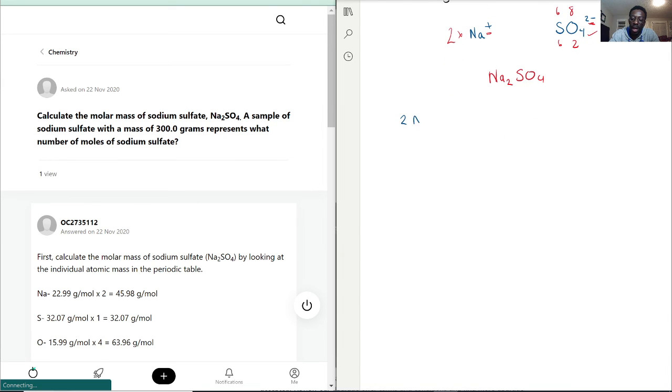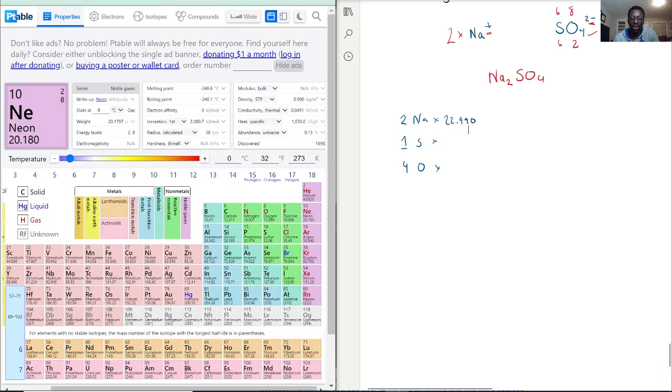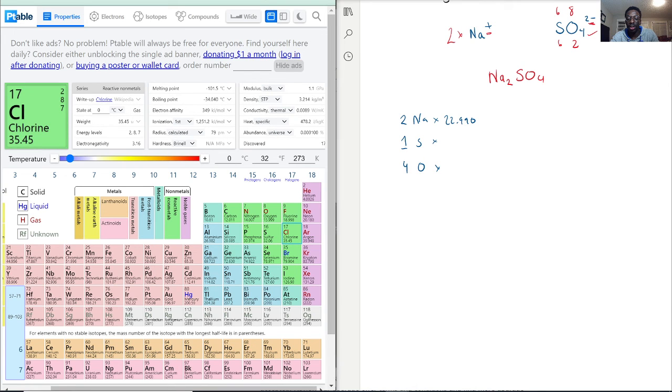So now let's go ahead and add the constituents. We have 2 Na, so 2 sodium, 1 sulfur, and 4 oxygen. Sodium is 22.990. Sulfur, if we look at the periodic table, is 32.06, and oxygen is 15.999.